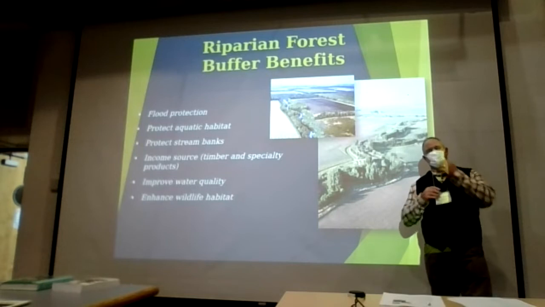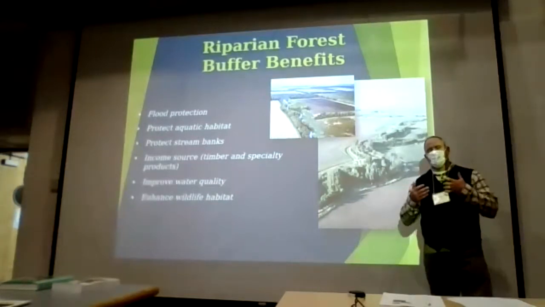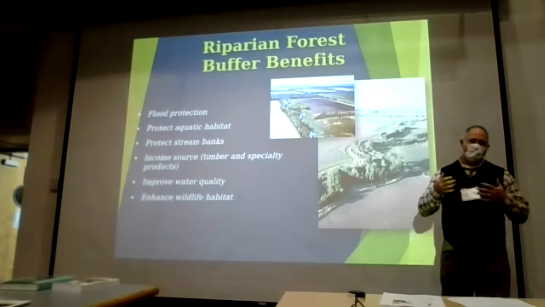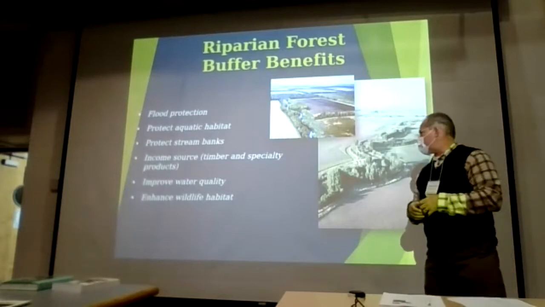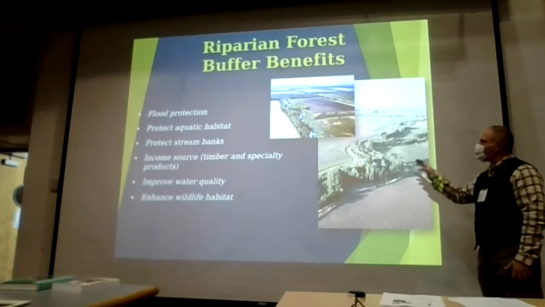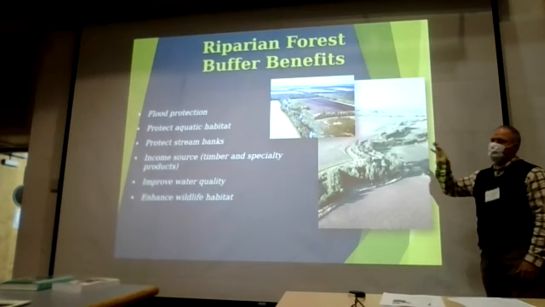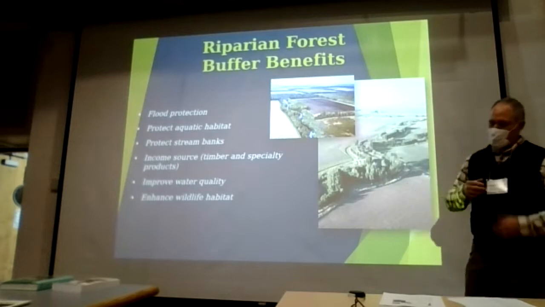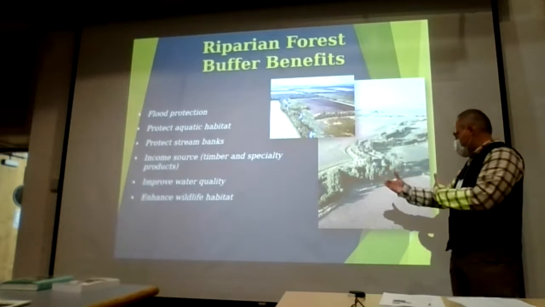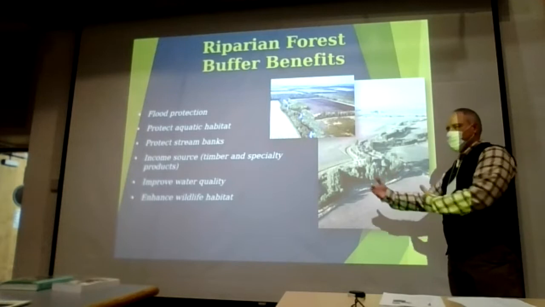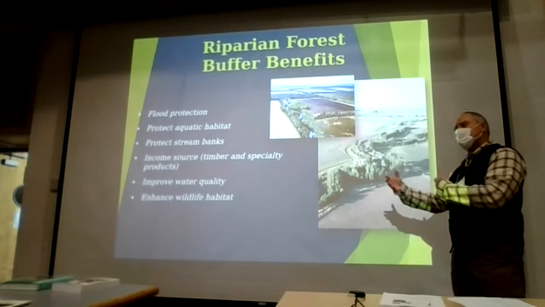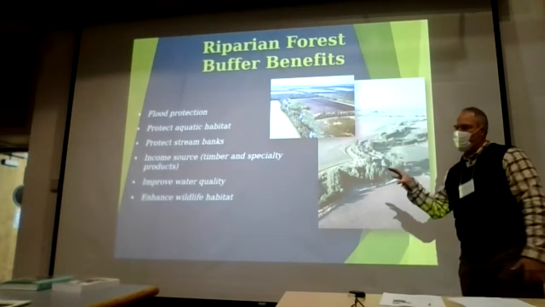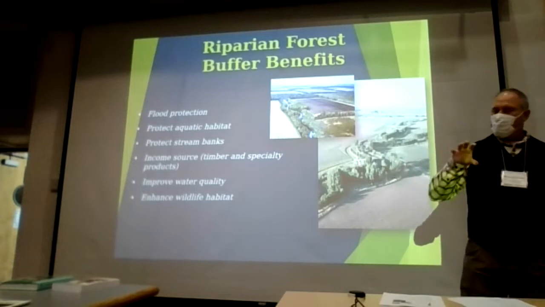Those small order streams, 1 to 3 order streams, have our best ability to improve water quality. So if we're looking to improve water quality, those smaller streams really should be our focus if they're in a situation where they're being cultivated right up to the edge or grazed right up to the edge. If we're looking to improve water quality, that's where I would focus our efforts.